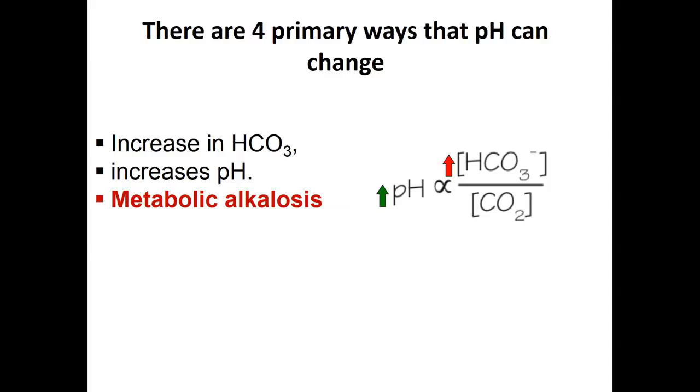Because the conjugate base goes up, so the relative ratio over acid goes up. So the base over acid goes up, then the pH goes up. That means that for some reason, if you're losing protons and the bicarbonate level goes up, the ratio of conjugate base to acid goes up. As I was saying earlier, the CO2 really means carbonic acid, okay? So if this ratio goes up, the pH goes up.